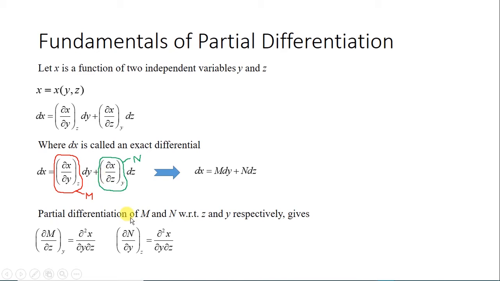Dou 2x by dou y dou z. If you see, the right side of both equations is the same. So you can write dou M by dou z when y is constant is equal to dou N by dou y when z is constant.